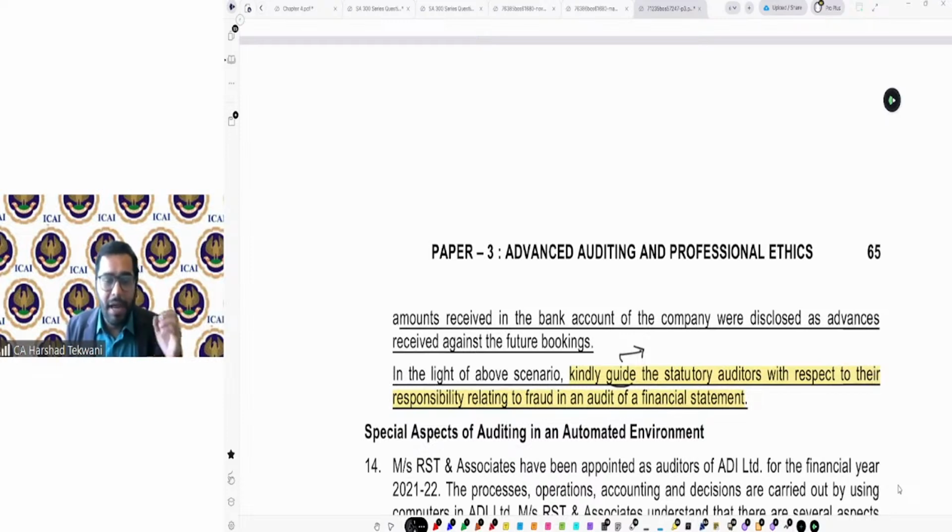Usually it is written that kindly guide the statutory auditor with respect to their responsibility. But responsibility includes what they have done wrong. First, highlighting: okay, you did this wrong. Your responsibility was to do that, but you did this, and that is wrong. Now, if your responsibility was to do that, now do that, that is, what you should do now in future or going forward. So let me discuss the answer to this question.